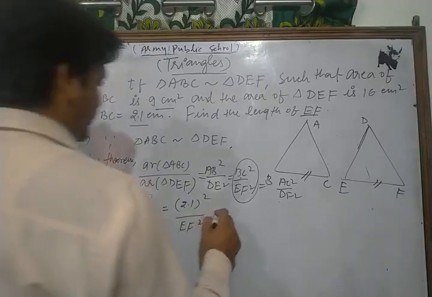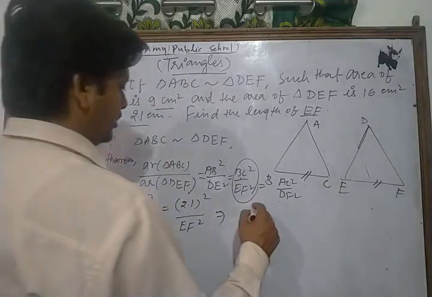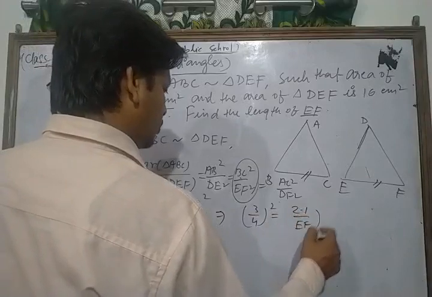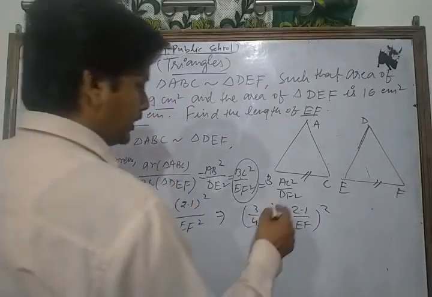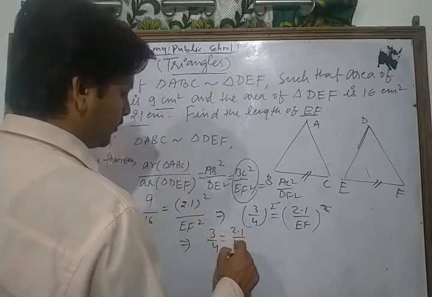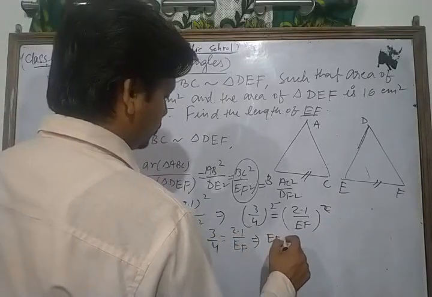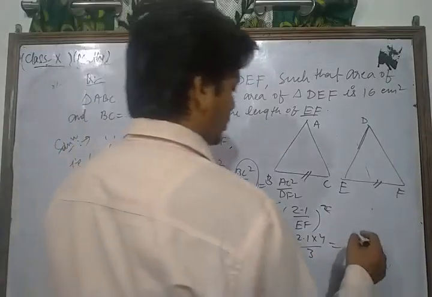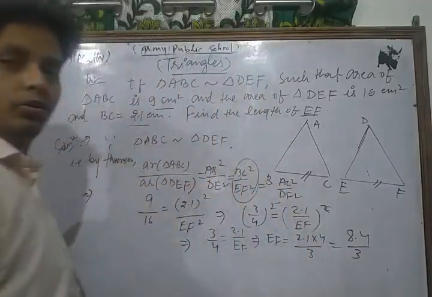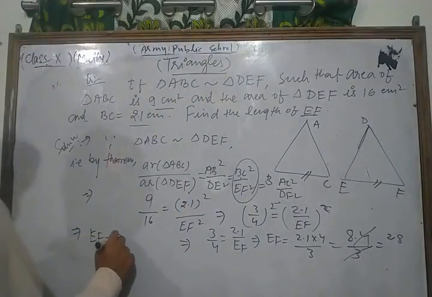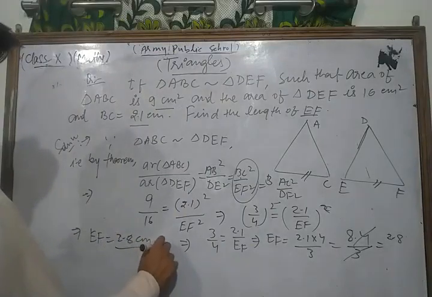Now we can write 9 by 16 as 3 by 4 whole square is equal to 2.1 upon EF whole square. Now the squares cancel each other, so we get 3 by 4 is equal to 2.1 upon EF, that is EF is equal to 2.1 into 4 upon 3, that is 8.4 upon 3, which is 2.8. Thus the value of EF is 2.8 centimeter.